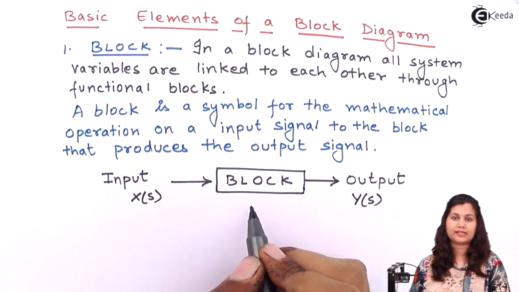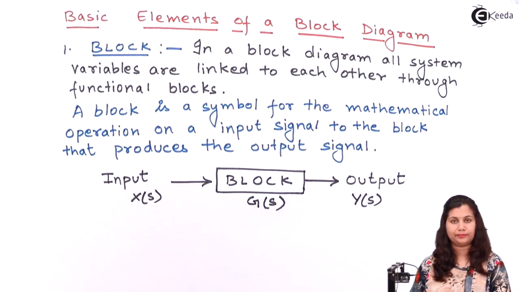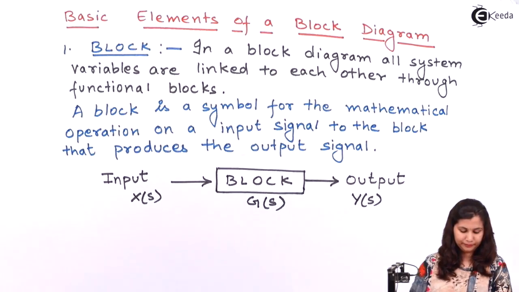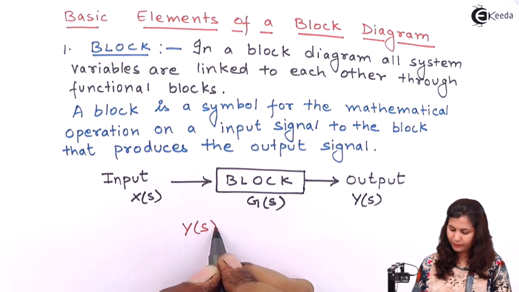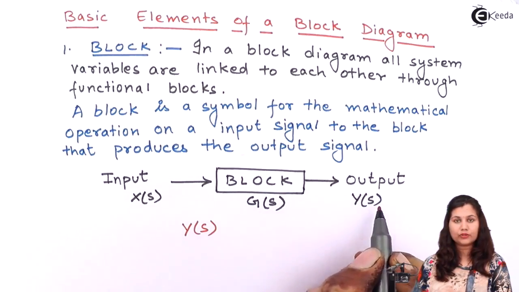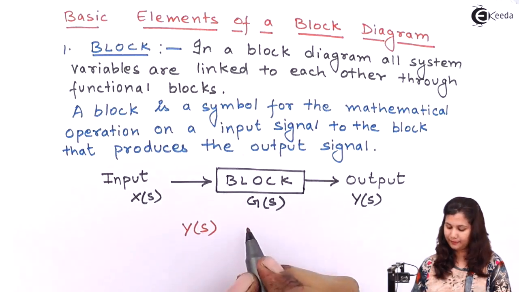So the transfer function is represented by Gs. If we write the equation for this block, then it will come out to be Ys equals the multiplication of Gs and Xs.